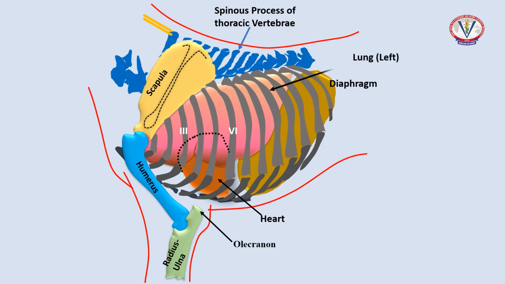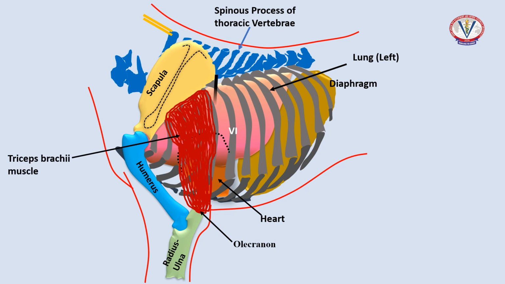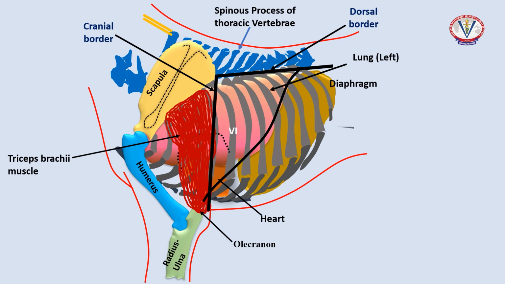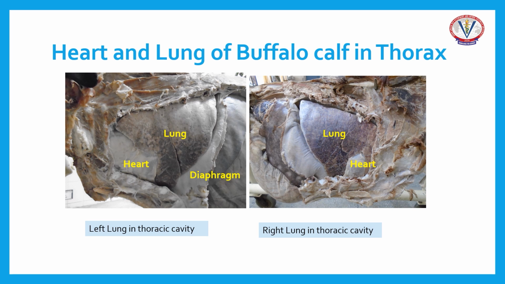The area of auscultation and percussion is delineated by three border lines: the cranial border, dorsal border, and basal border. In all animals, the cranial and dorsal borders of this area are the same.